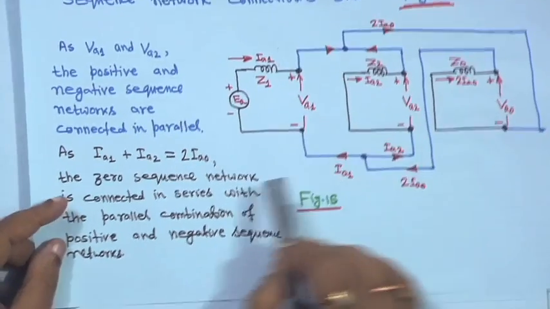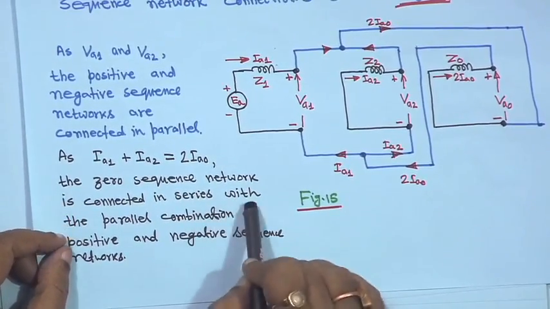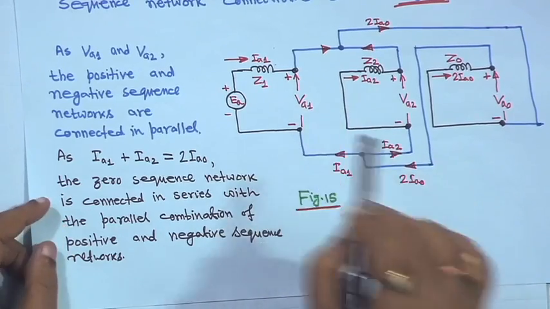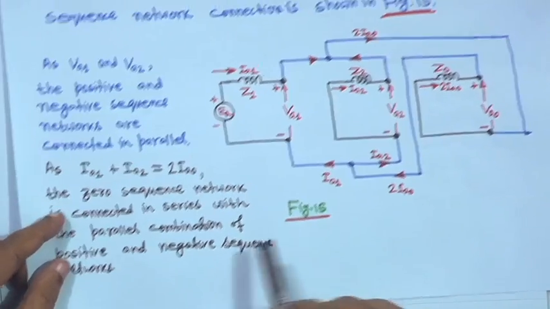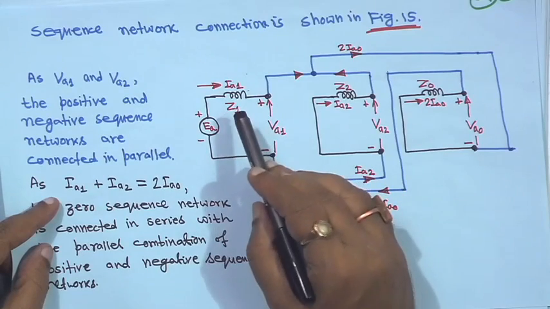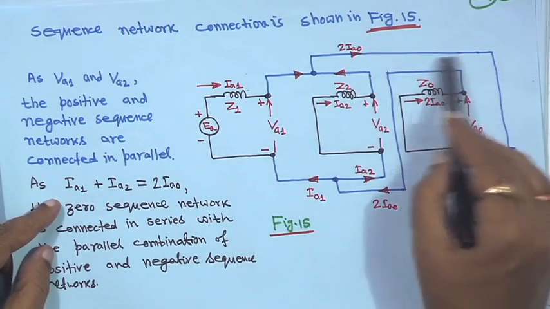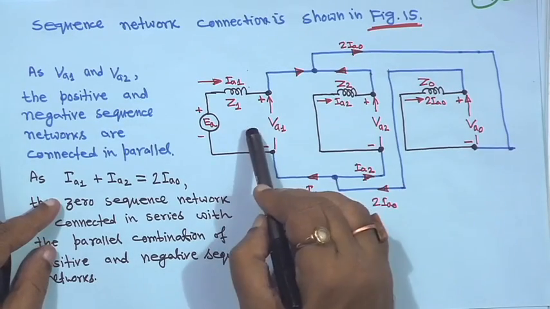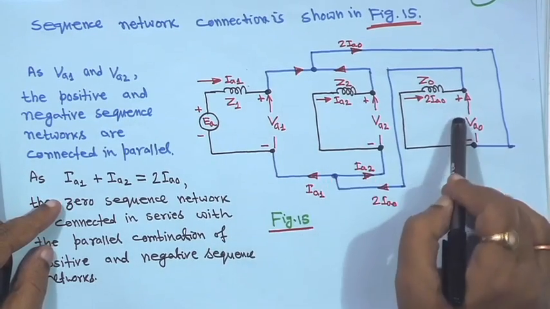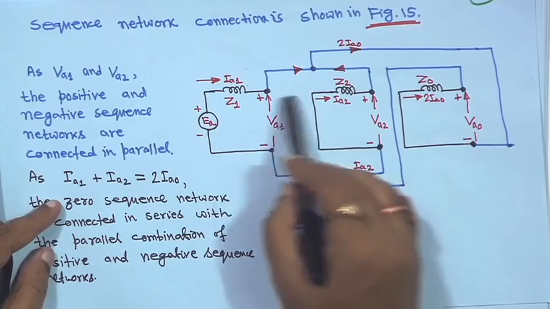That means the 0 sequence network is connected in series with the parallel combination of the positive and negative sequence networks. This is positive sequence, this is negative sequence, and this 2 I A 0 current flows through the 0 sequence network, which is in series with the parallel combination.